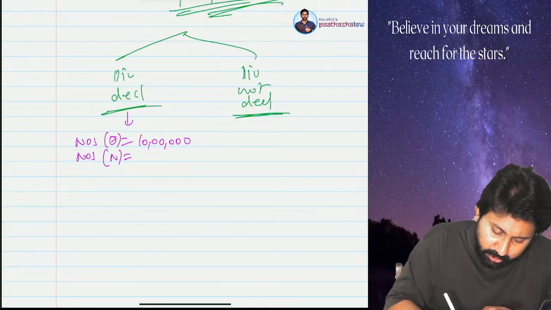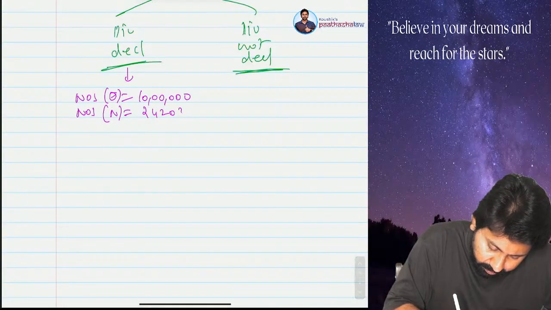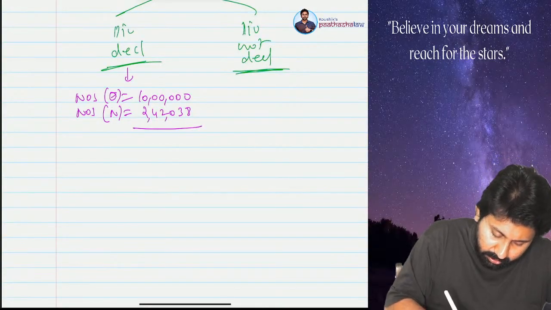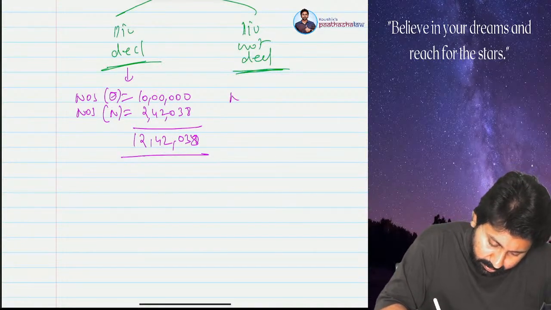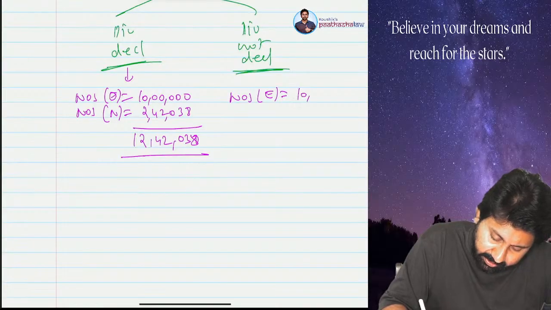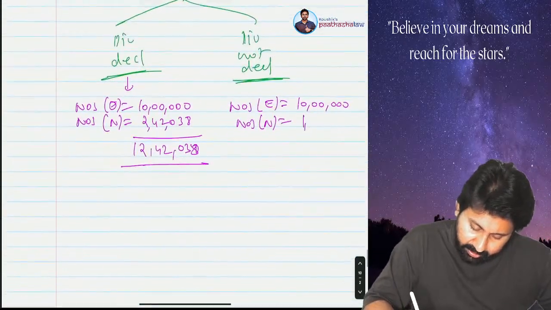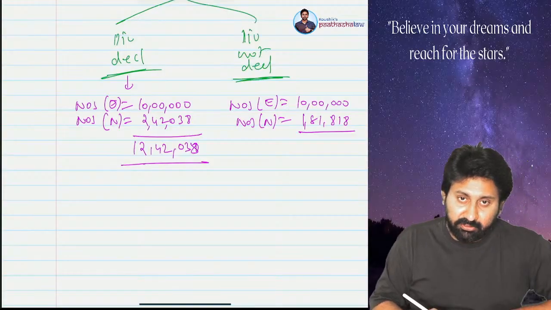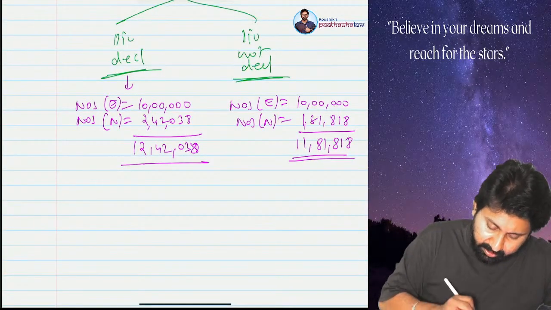Number of shares new, 2,42,038. So total 12,42,038. Dividend not declared: number of shares existing 10 lakh, number of shares newly issued 1 lakh 81,818. Total 11 lakh 81,818.